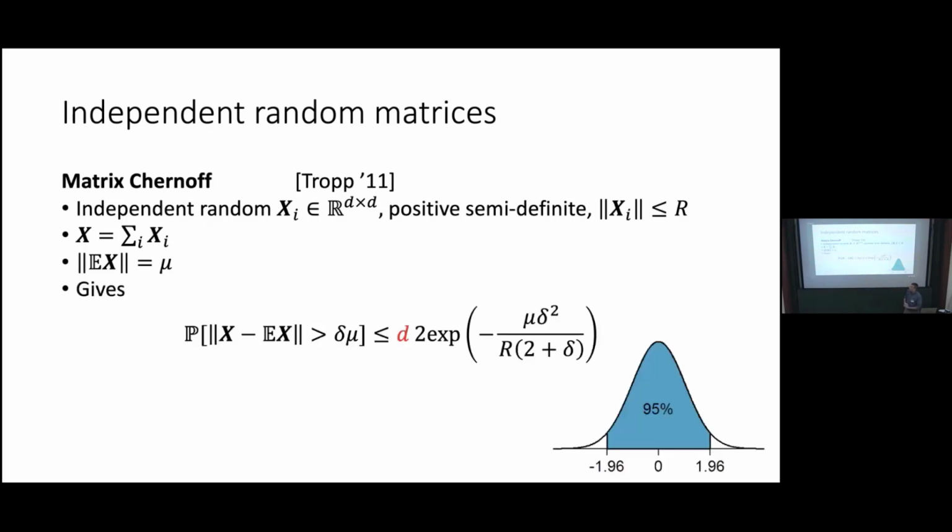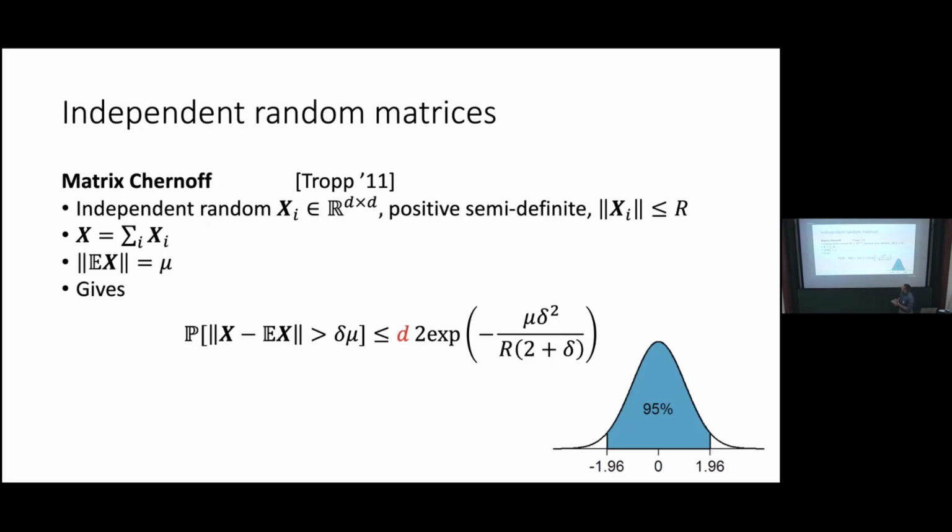And here we look at the probability that the norm of the distance between our random variable and its expectation is greater than delta mu. This decreases again exponentially as e to the minus mu delta squared, but here we have b in front, where b is the size of the matrix.